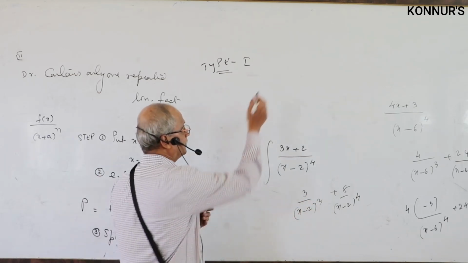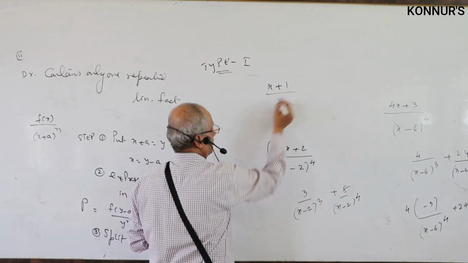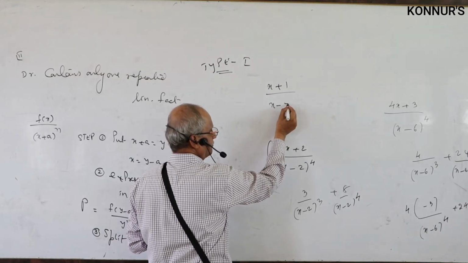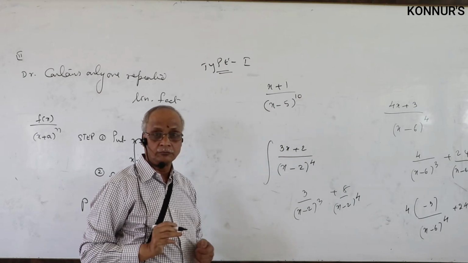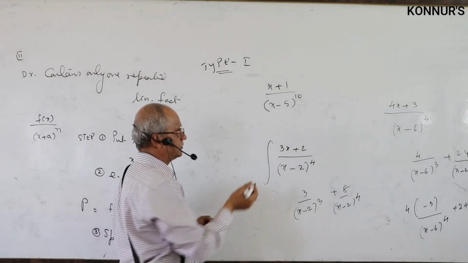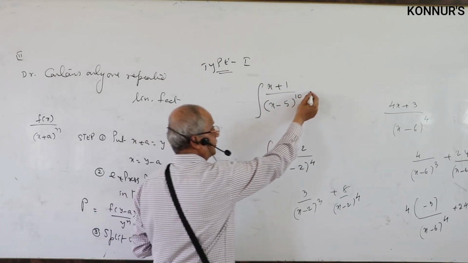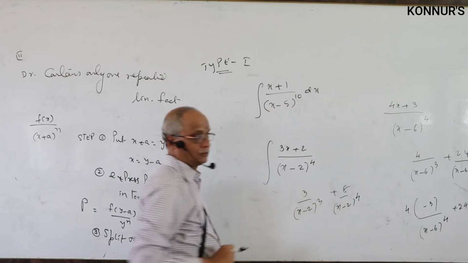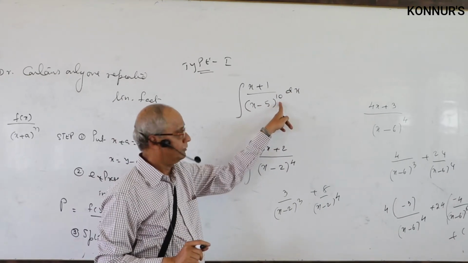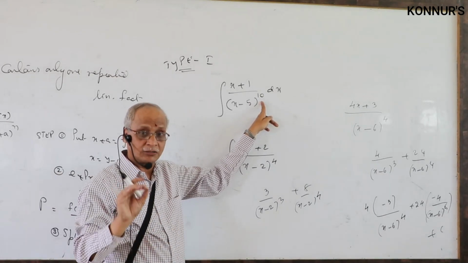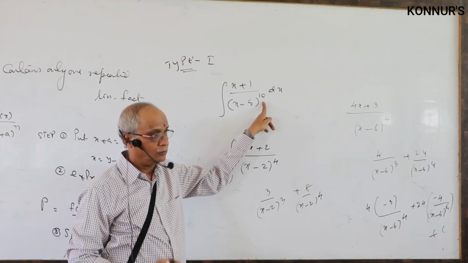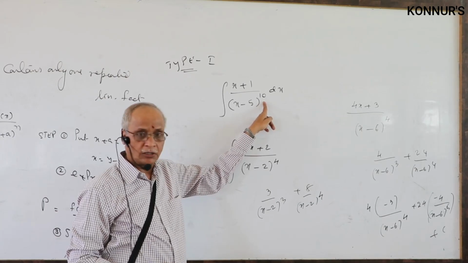Even if I write (x plus 1) by (x minus 5) whole power 10, for integration, as per the partial fractions theory, how many constants A, B, C, D, and so on? 10 constants. Right? We are not finding those numbers.